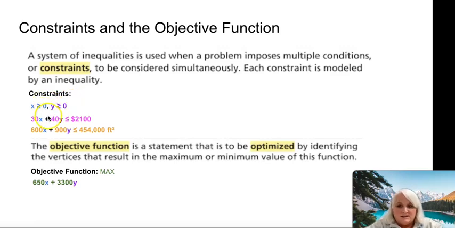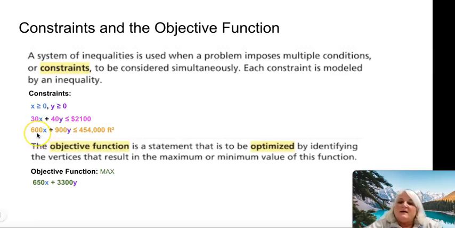So the constraints that we had in the tree growing problem were that X is greater than or equal to 0, because you're never going to have a negative number of trees planted. Y is greater than or equal to 0, and then 30X plus 40Y was less than or equal to $2,100, because we had $2,100 to spend, and the spruce trees cost $30, and the maple trees cost $40 apiece.